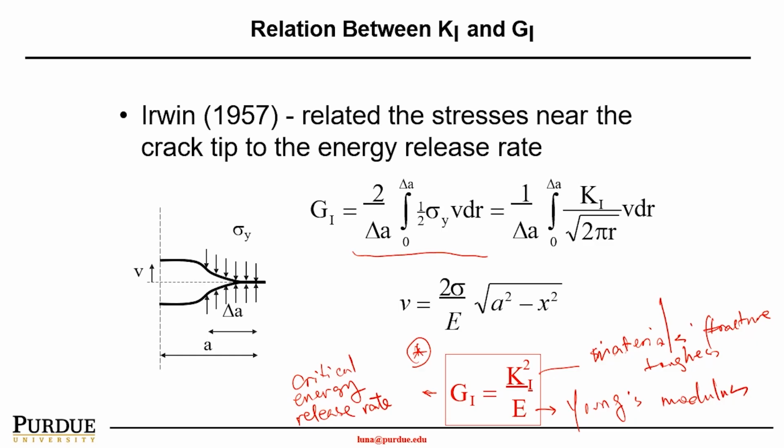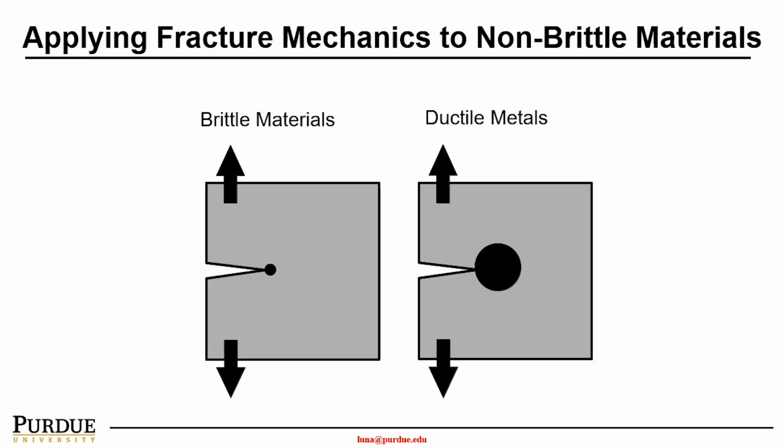So basically, the critical energy release rate has built a bridge, or defined a relationship, between the material's fracture toughness and the material's elastic stiffness, right? Young's modulus. So G1 is equal to K1 squared divided by E.